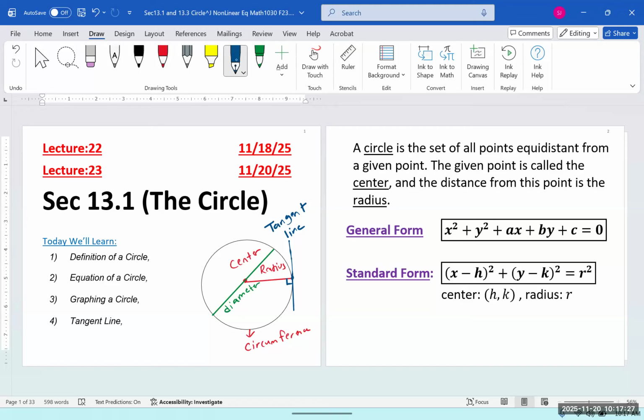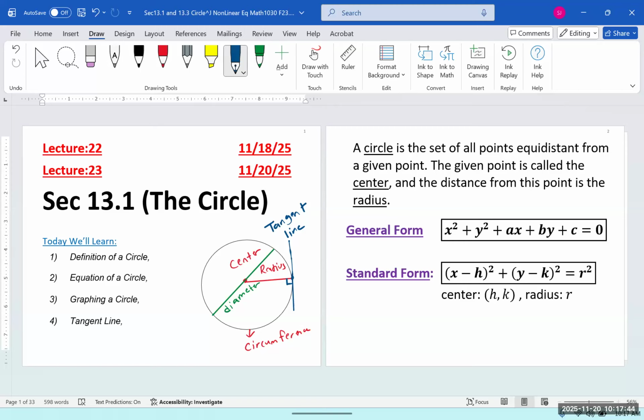One thing is that in standard form, we must have minus inside. But if the signs are positive, when you look for the center, you have to take the opposite sign.